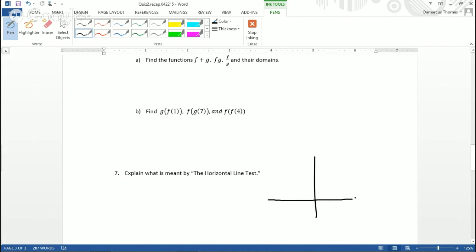I have the coordinates x and y, and then I'll call this f, my function f. If I can put a horizontal line through my function, and that horizontal line hits it in two places, here and here, I've showed that f is not one-to-one. And that's all.